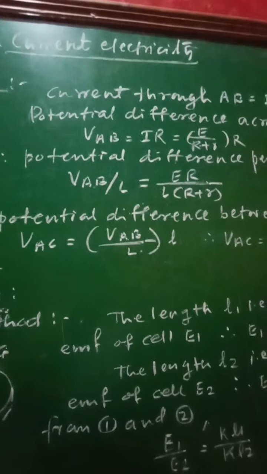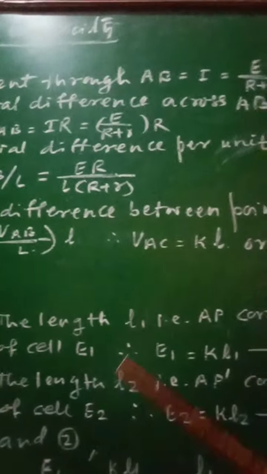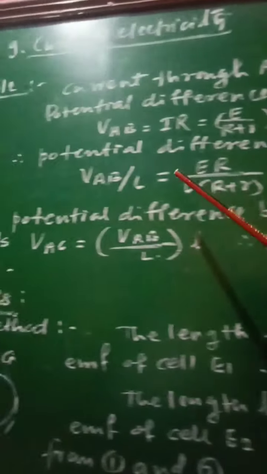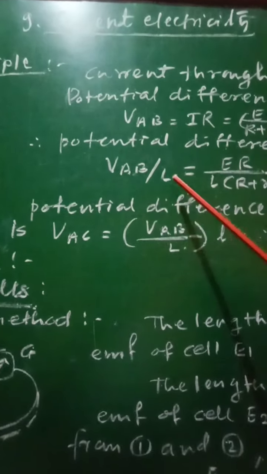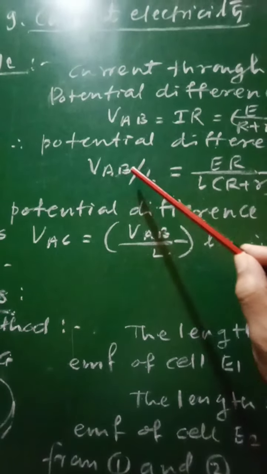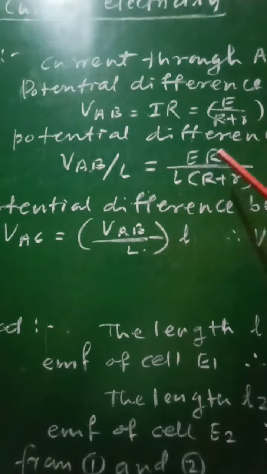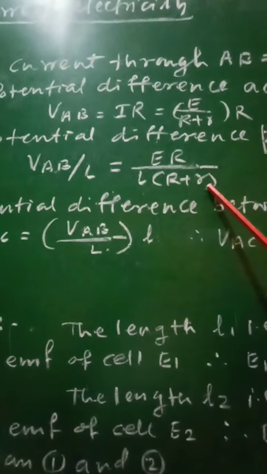the potential difference per unit length of the potentiometer wire, which is called the potential gradient, that is phi AB upon L, will be equal to ER upon L into R plus r.